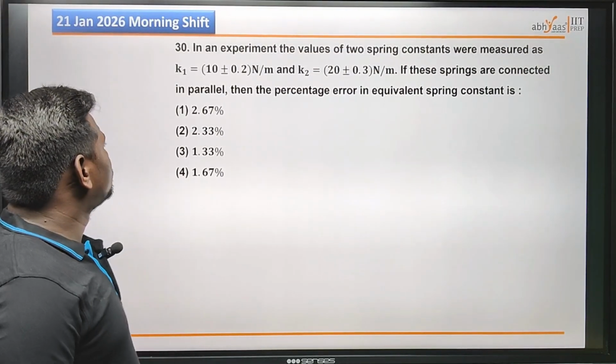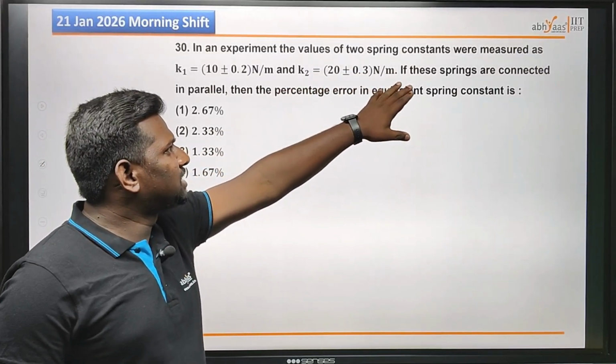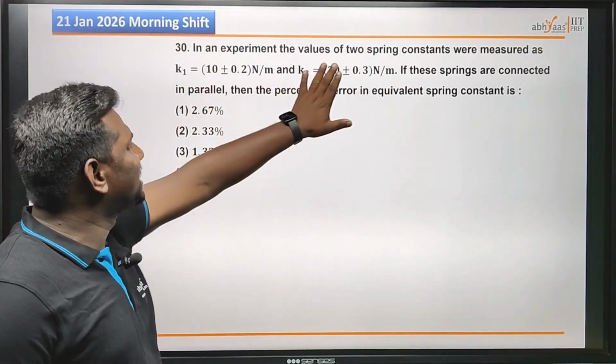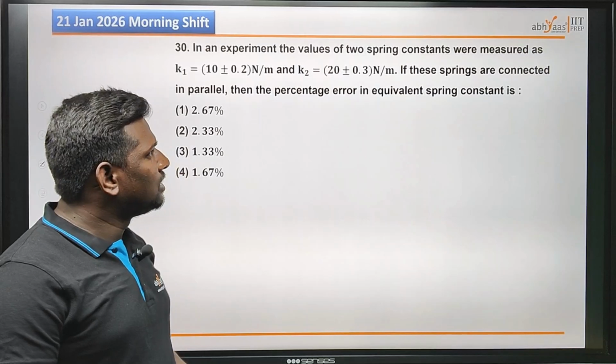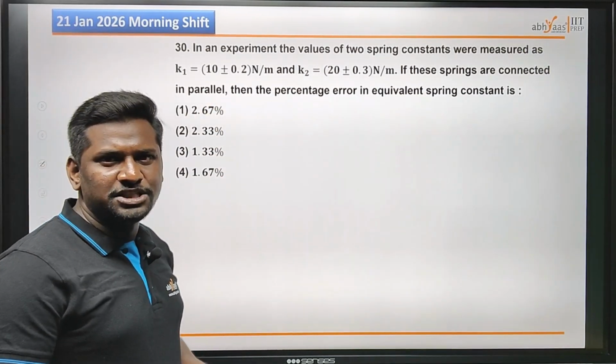So see here, what is the question? In an experiment, the values of two spring constants were measured as K1 and K2, which they have given. The springs are connected in parallel.